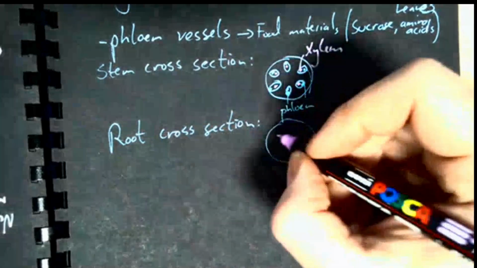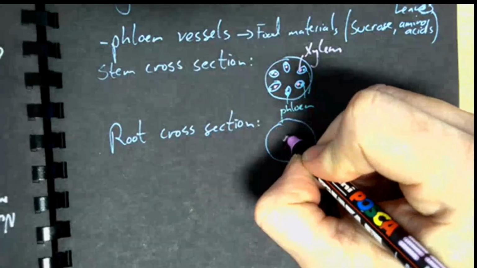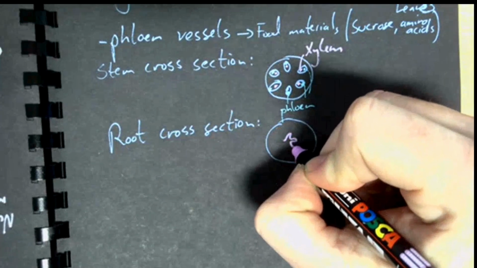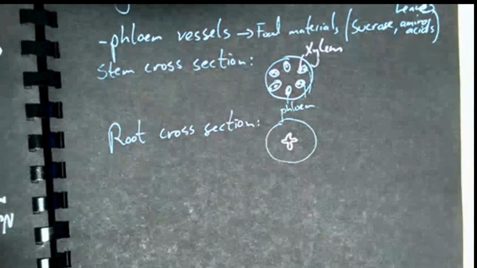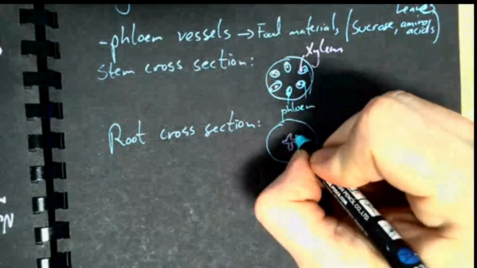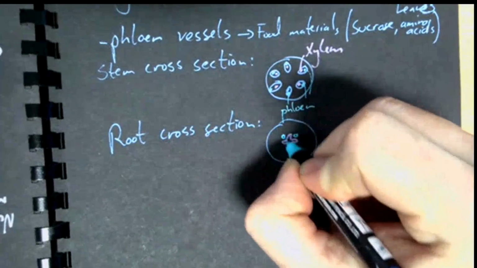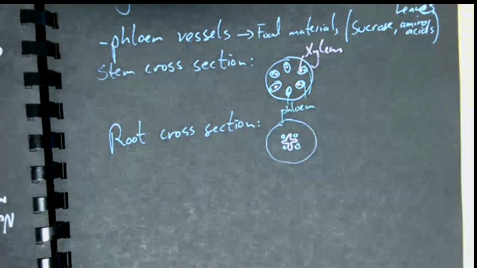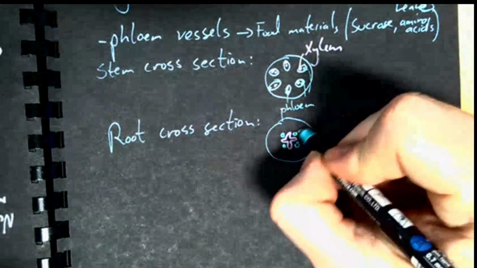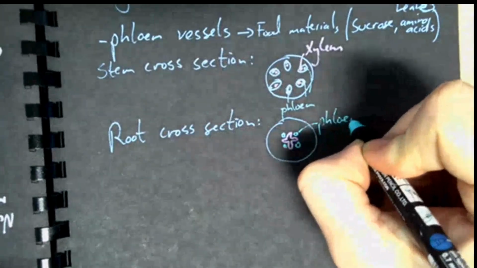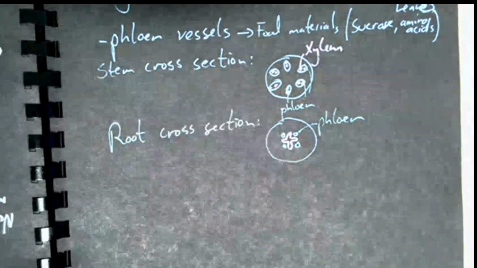And we've got our xylem tissue right in the center, and we've got our phloem tissue that's around the outside here. So phloem here and xylem here.